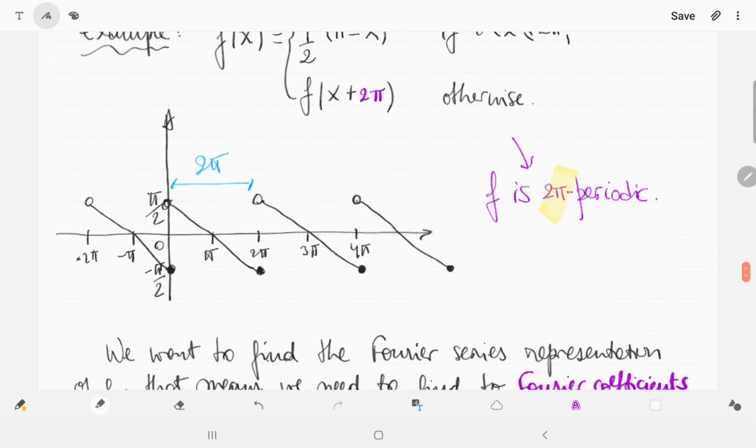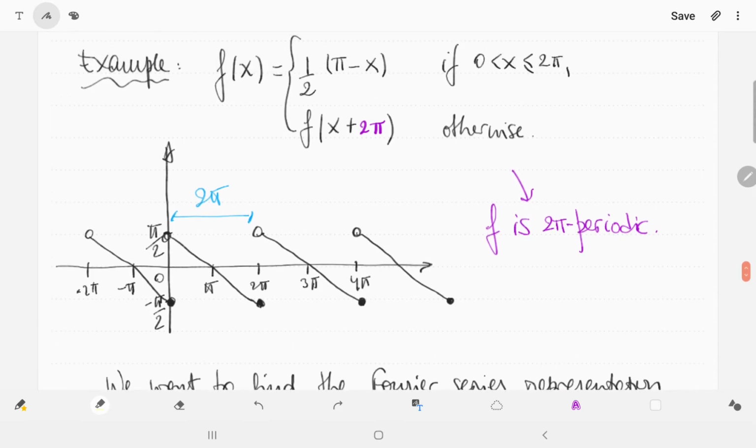So we have a 2 pi periodic function. As you can see in the graph, we have this line, and it repeats itself in each interval of length 2 pi. Just to mention, those are the points where the function has discontinuities, but we won't care much about that now.